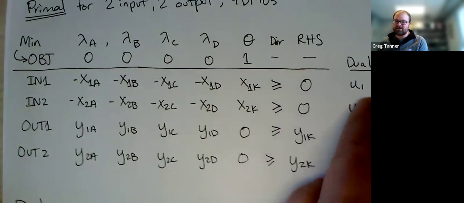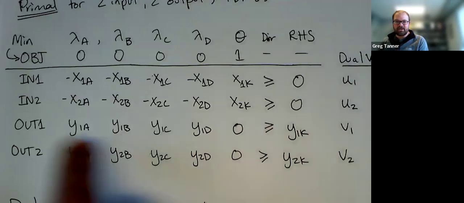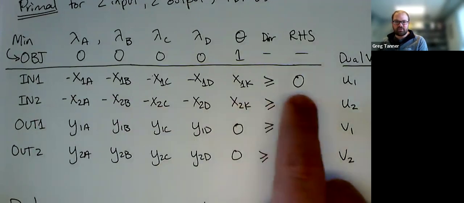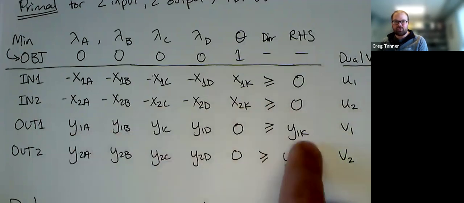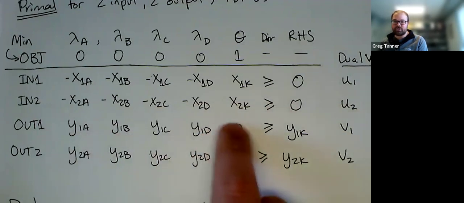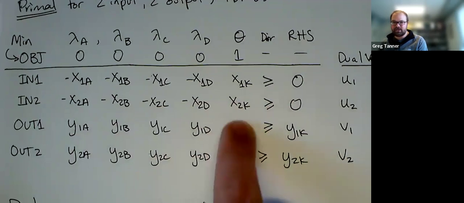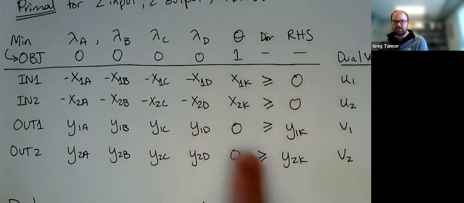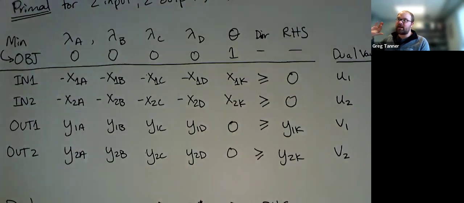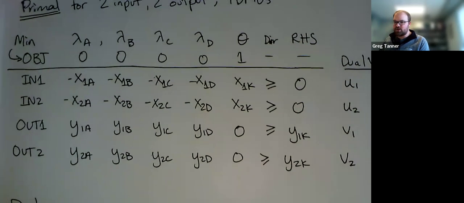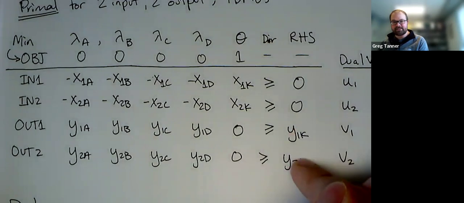That constraint corresponds to the dual variable u1. We get the same thing for the other input, and then we get constraints for the output. Notice that the thetas never showed up in the output constraints, and so they get coefficients of 0 in the theta column. But we do have y1k and y2k, which are the outputs of the current DMU, showing up on the right-hand side.